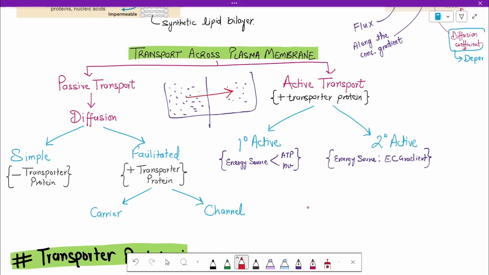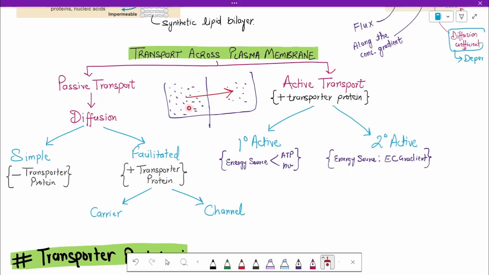Now let's come to passive transport. What do we mean by passive transport? We mean two things by this word passive. The first is it follows the concentration gradient, and when we say it follows the concentration gradient, we are talking about this concept from an area of higher concentration to an area of lower concentration.